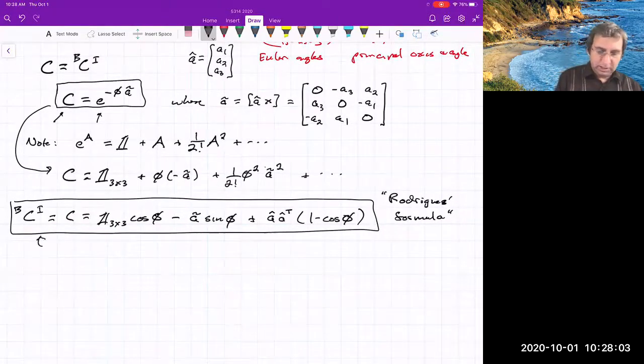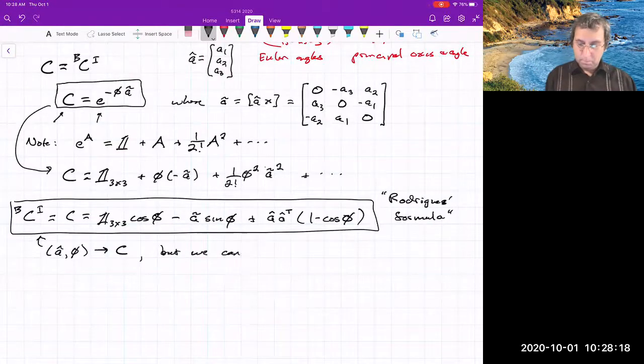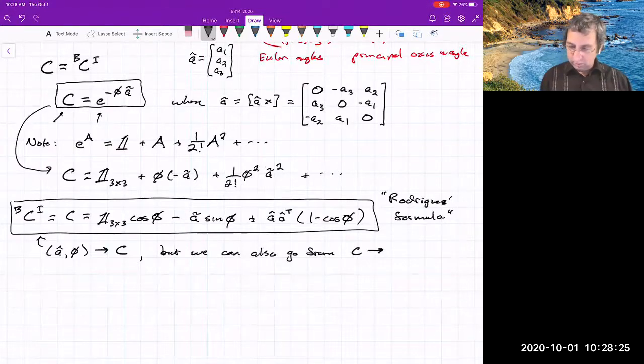So what does this represent? This represents going from the axis and angle to the rotation matrix. But we can also do the inverse. If you have a rotation matrix, you can go to the axis and angle.